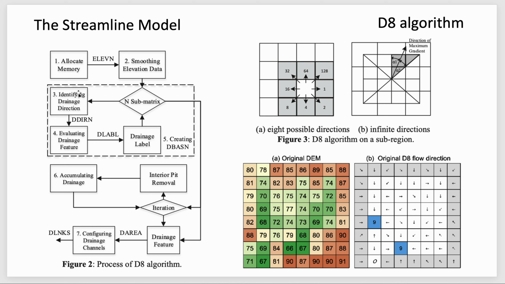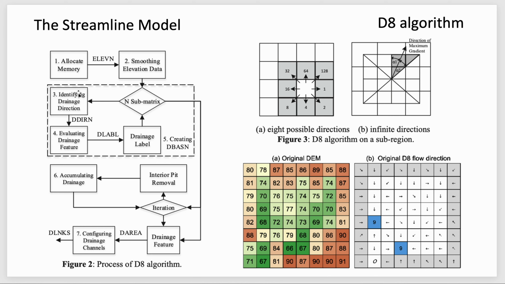In this figure, it shows the process of the D8 algorithm. It starts with the center pixel, and they try to select or check the neighbor equation, then the algorithm will find out the direction for the D8 angle.